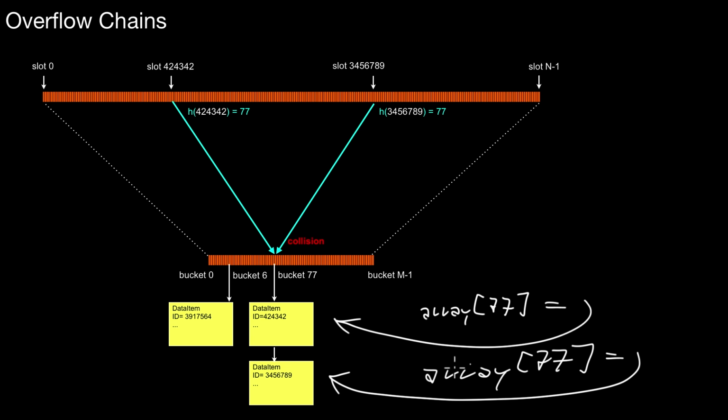When calling this operation then, I would of course lose the information that this data item is also mapped to this bucket 77. So you should change your implementation accordingly to make sure that you don't lose any of the data items once there is a collision. So that's a very common implementation, to not point to buckets of items, but to point to buckets of lists of items. That's one way of handling this problem of collisions.